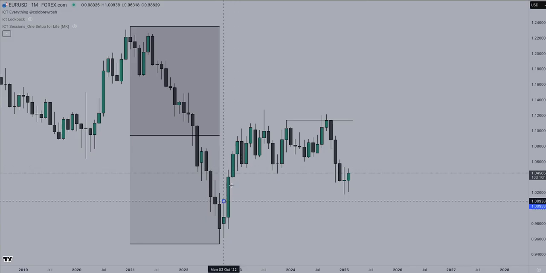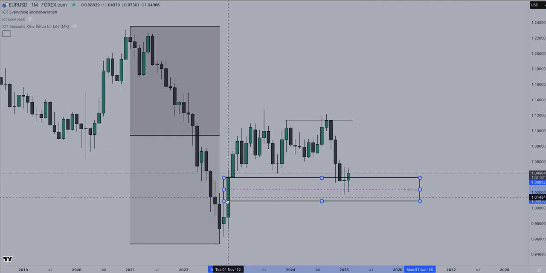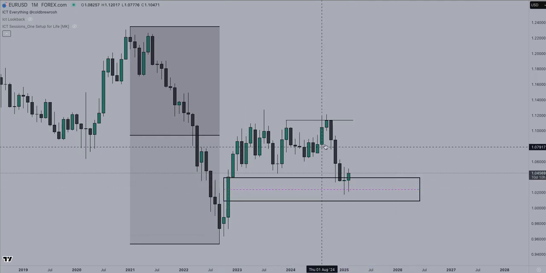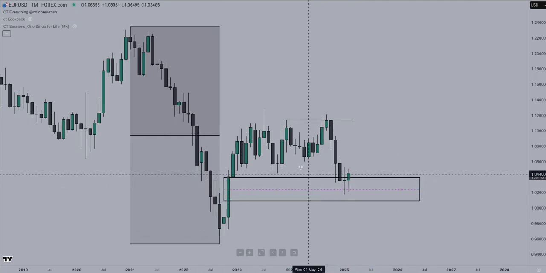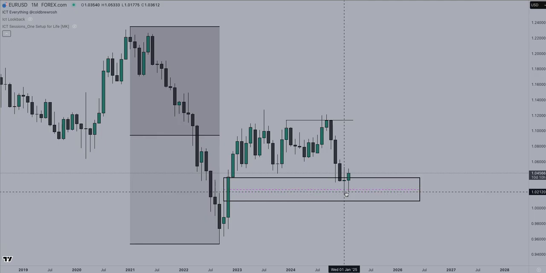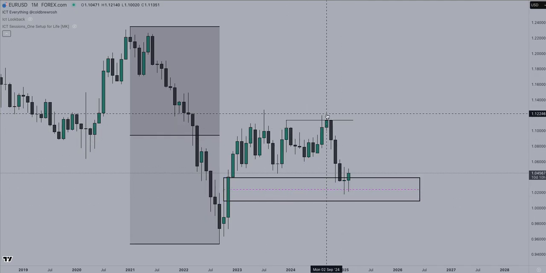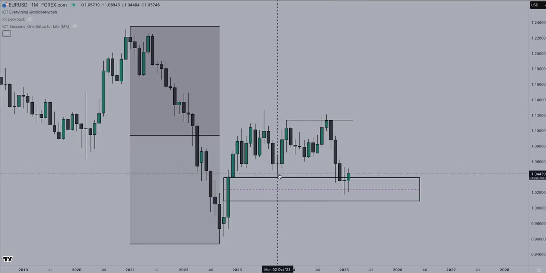As price moved down to the discount, it ran into this inefficiency here, this fair value gap. So the way that I'm now seeing price is it's come up into a premium and it came down into a discount. Now price broke a high and it ran a low.